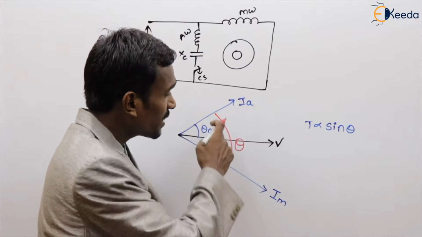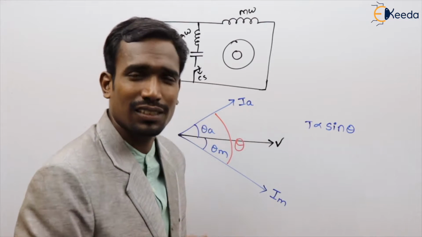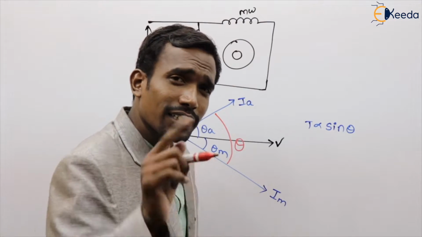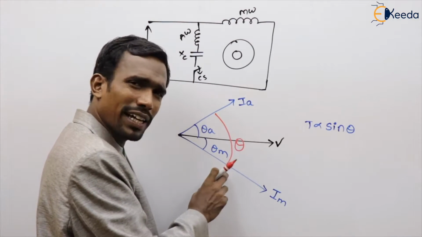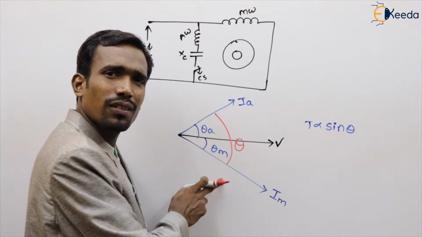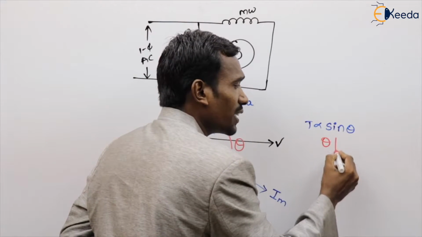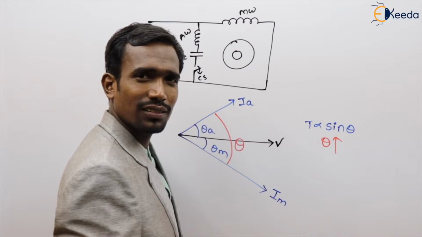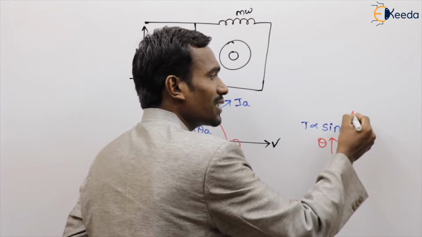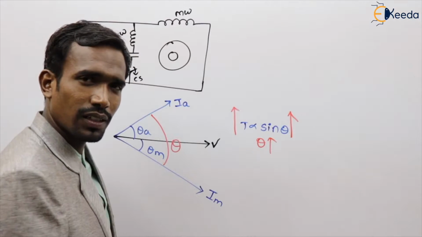See here, the theta value is much greater than in the previous two methods. In resistor split phase, theta is small, and in inductor split phase, theta is also small. But in capacitor split phase, theta increases enormously. When theta increases, sine theta increases, then torque also increases.